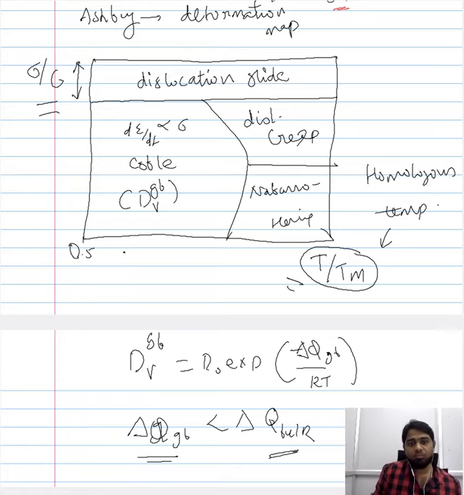And that is the reason why for a relatively lower range of temperature, we see the Coble creep mechanism is active.